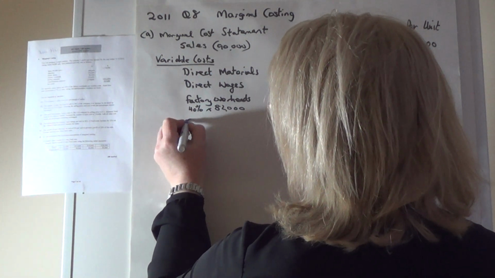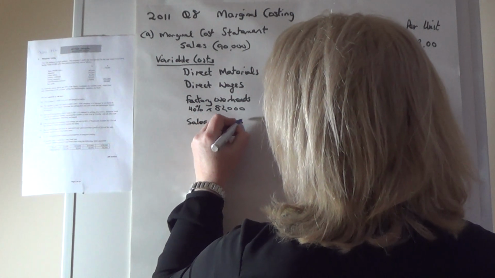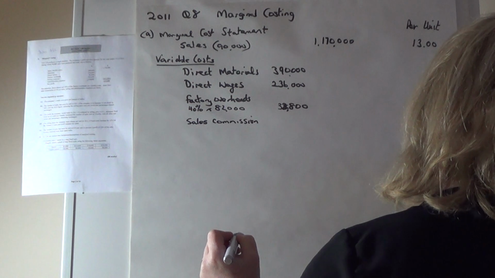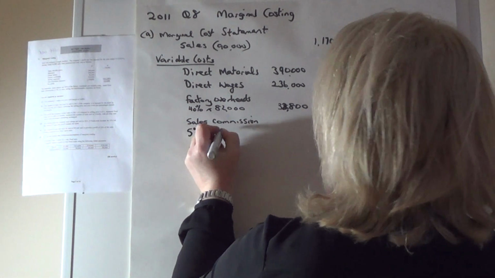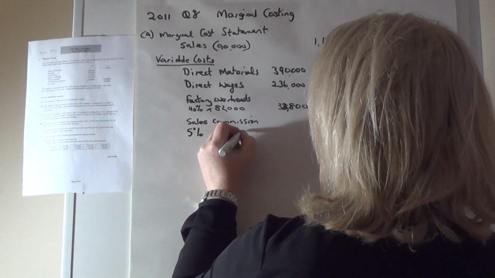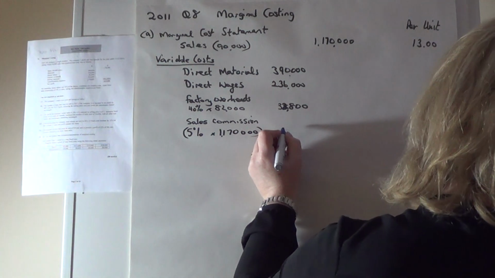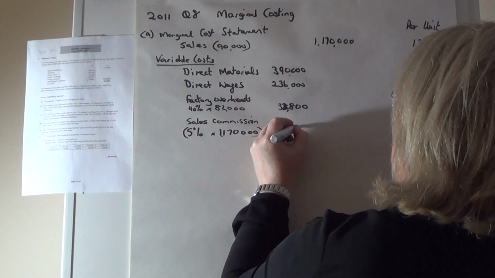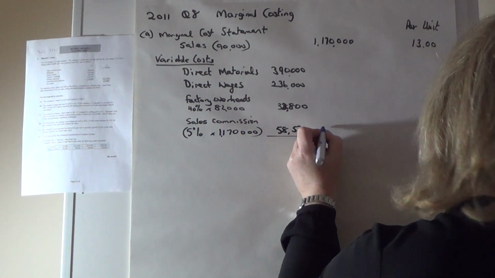So 5% of our sales, and that works out then at 58,500. So those are our variable costs, and we can subtotal those.